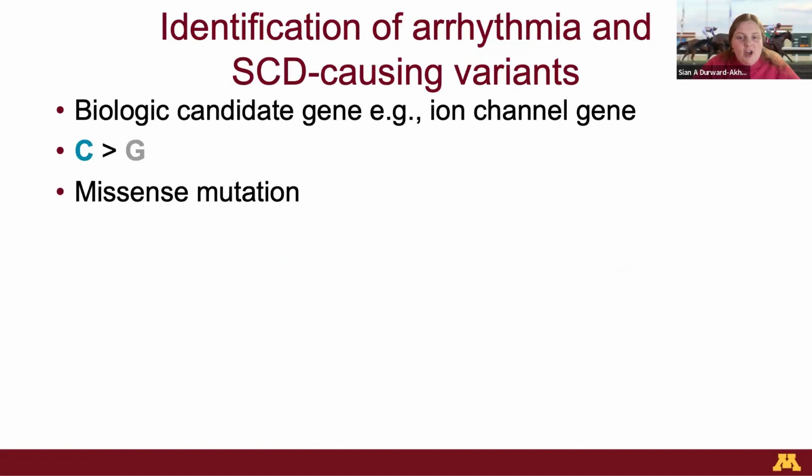What we're hoping to find is variants that are in biologic candidate genes, so for example, one of the ion channel genes that are involved in the cardiac electrical activity in the heart. Typically we want that variant to be present in the gene itself, and for it to be encoding some kind of amino acid change in the protein.